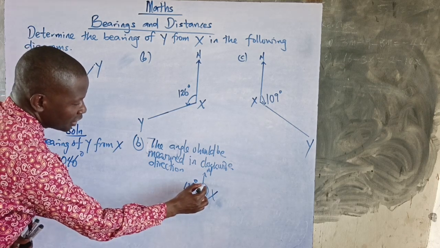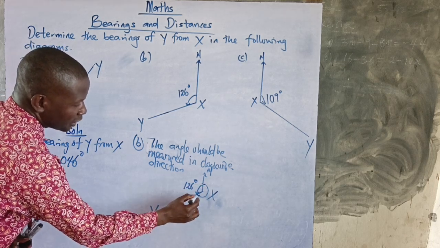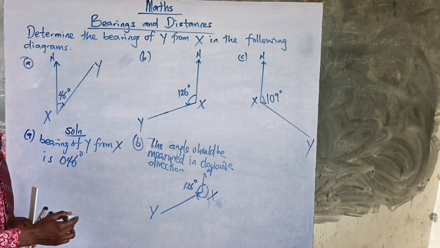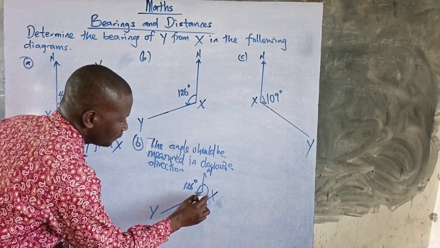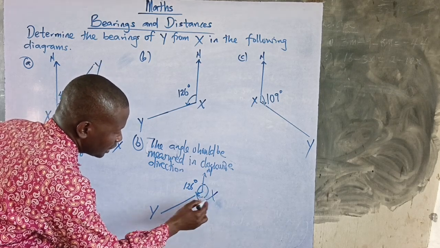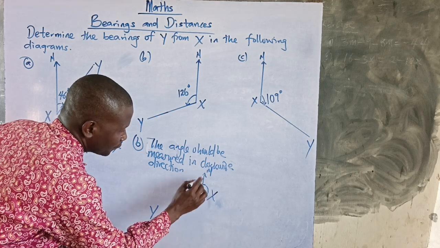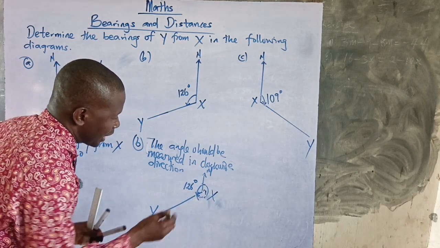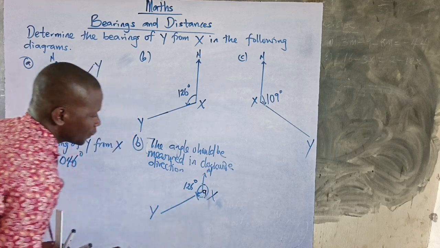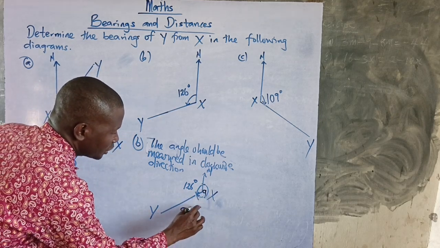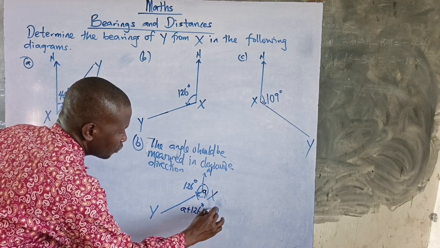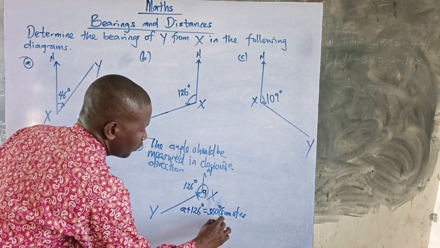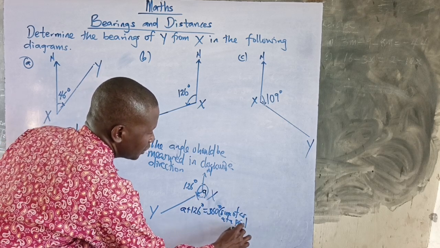To determine the angle from the north of x to this line, this adds up with 126 degrees to make 360 degrees. Let's denote this angle by a letter of our choice, letter A. So A plus 126 degrees equals 360 degrees, since the sum of angles at a point is 360 degrees.